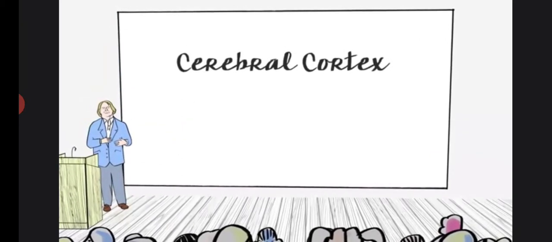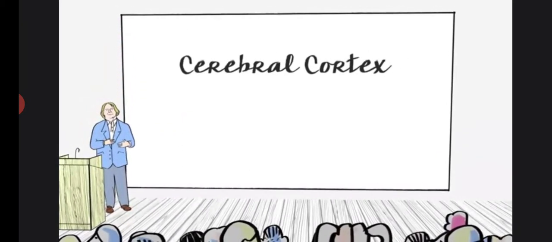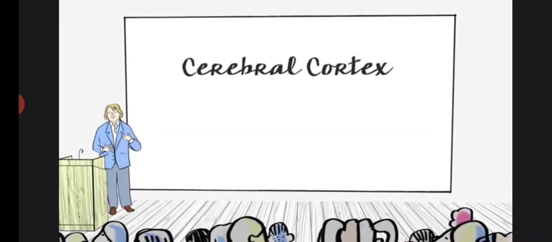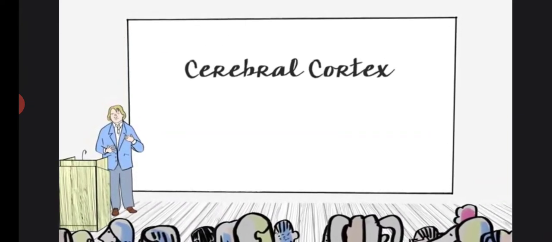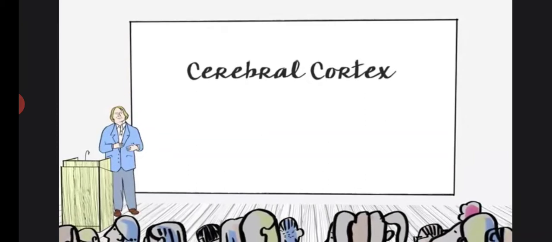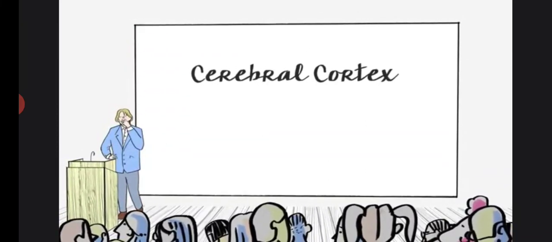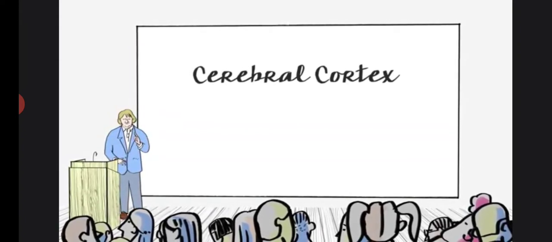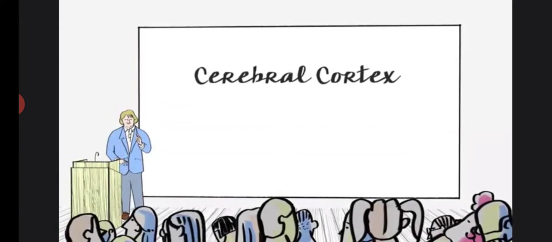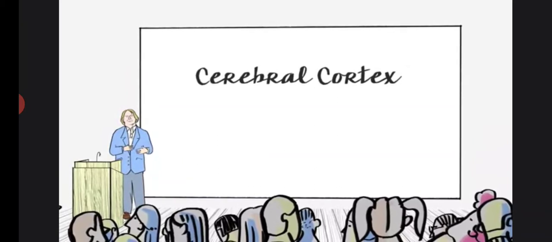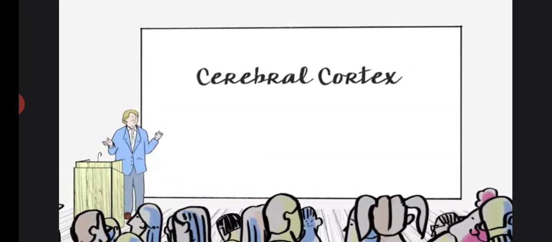As I said, the rest is involved with the cool stuff, with language, with reasoning, with moral thoughts, and so on. Then the question comes in, how do we know this? How do we know what parts of the brain do what, which parts of the brain are involved, and why?